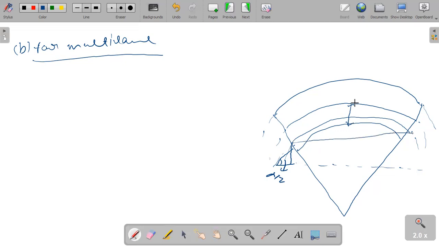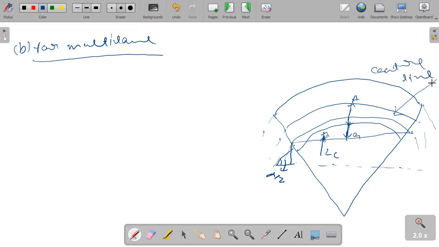This is LC, and this is the center line of road.